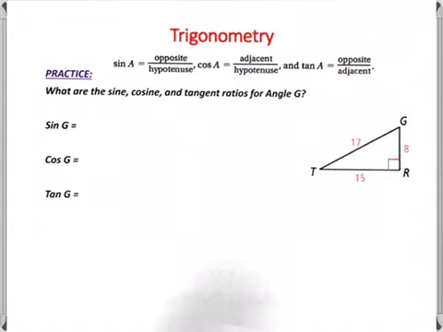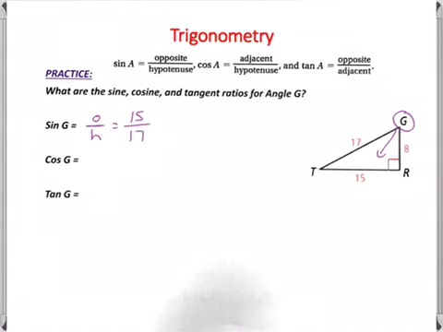This time we're looking at sine of G, cosine of G, and tangent of G. Sine of G, sorry, sine is not opposite over adjacent, it's actually opposite over hypotenuse. That's my bad. So the opposite is 15, the hypotenuse would be 17.